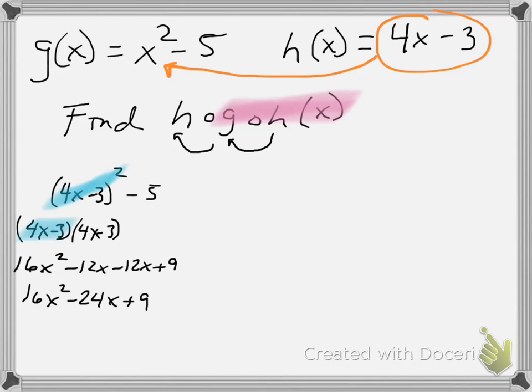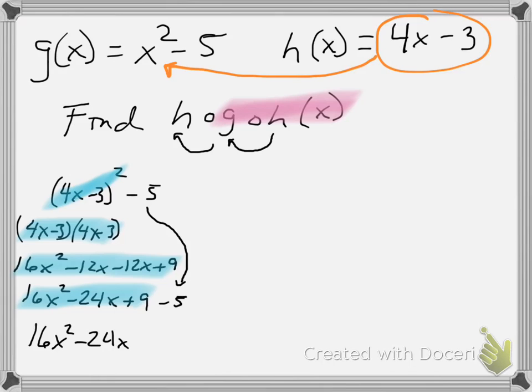Don't forget that minus 5. And so the pink highlighted area is equal to 16x squared minus 24x plus 4.